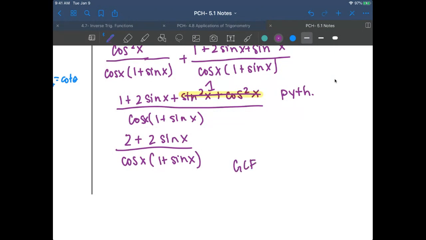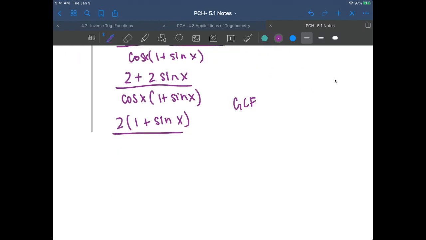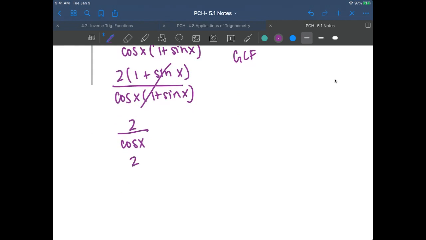GCF, the numerator, 2 times 1 plus the sine of x over cosine of x times 1 plus sine of x. Those cancel, giving me 2 over the cosine of x, or 2 times the secant of x. And we be done for today.